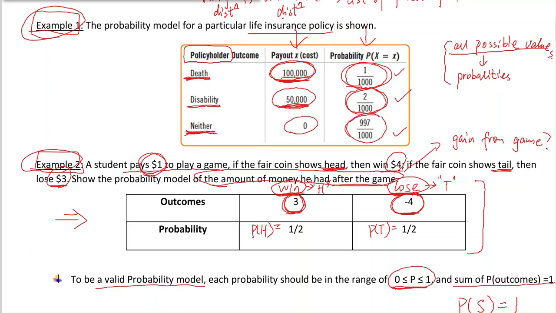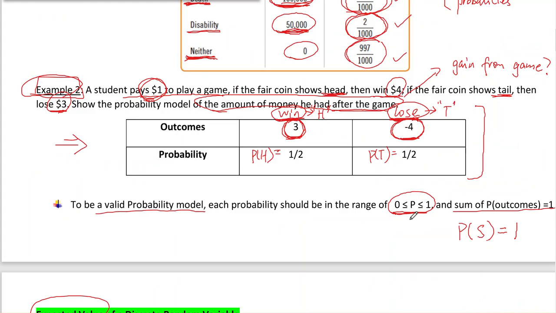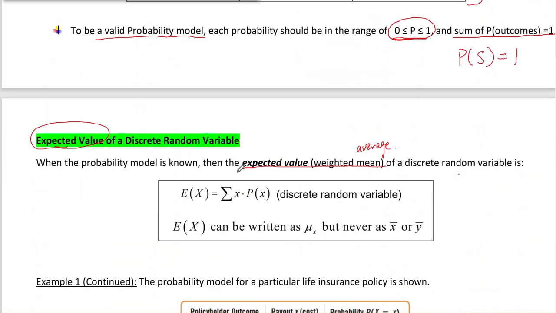So now, if for a long term, that means if this company keeps running with this policy for a long time, what is the expected average for each policyholder? How much will this policy pay out for each policyholder? This is what we care about, right? So let's look at this. We need to calculate this expected value.